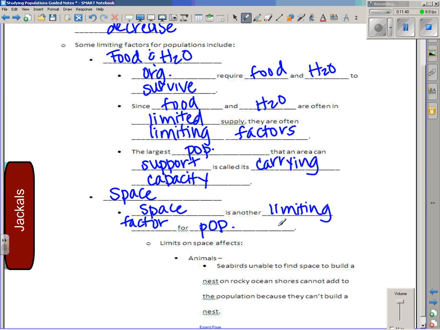Some of you might have even kind of shoved each other around and someone had fallen out of the nest so you could get more space. So space can be a limiting factor that could cause a population to decline. Another example would be with animals, the seabirds. If they're unable to find space to build a nest on a rocky ocean shore, then they're not going to be able to add to the population because they can't find a place to build their nest and lay their eggs and have their babies. So that will cause a decline in the population.